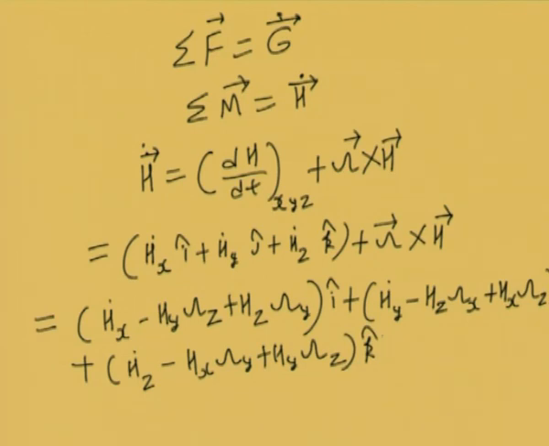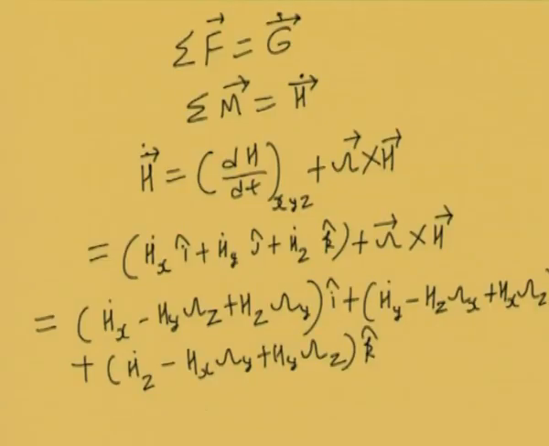Here, omega x, omega y and omega z are the components of the angular velocity omega of the axis. Now, if the axis system is attached to the rigid body itself, in that case omega is equal to small omega, that means the angular velocity of the body itself.